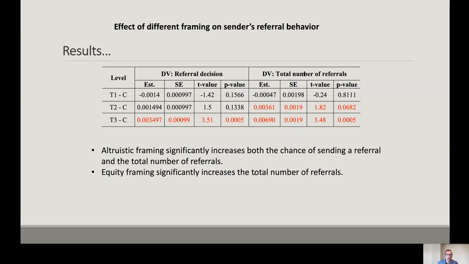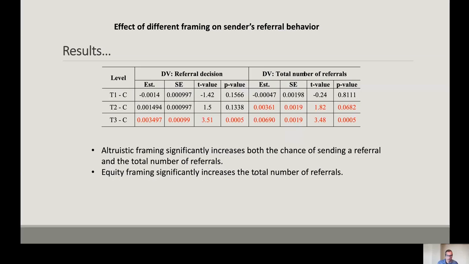However, if you look at a different outcome variable, which is the total number of referrals, then you can see that both the T2 and T3 actually had a significant difference from the control group. The T2 is at a 6% p-value, or almost 7% p-value, but still it is close enough to the ballpark.